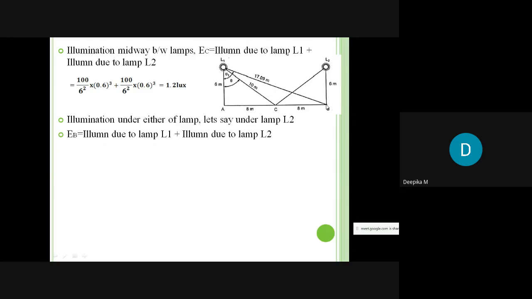This point B is normal to lamp L2, and it is inclined at an angle theta to lamp L1. So for L1 we have to use the formula I by h square into cos cube theta. For L2 it is directly below, so therefore it is just I by h square. Again, for cos cube theta, the adjacent is again 6, and the hypotenuse is 7.09 meter, and this is 100 by 6 square, which is nothing but 2.9 lux. In this way we have to solve the problem.